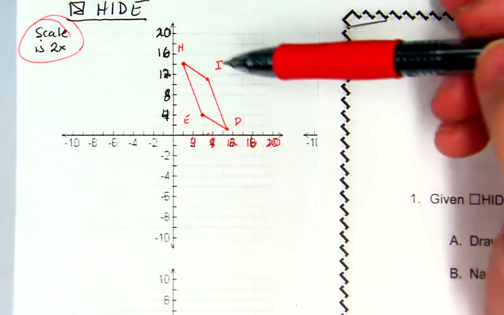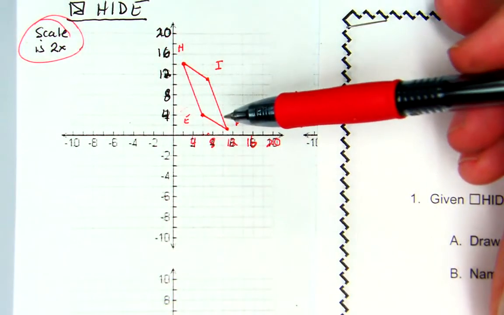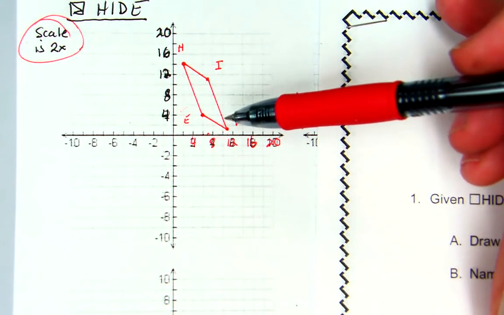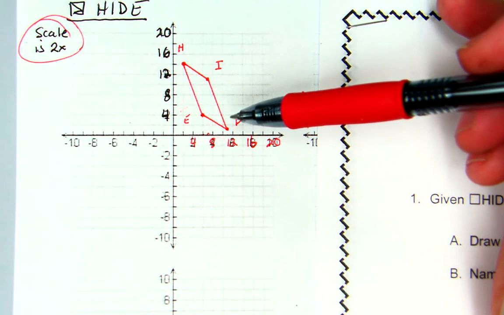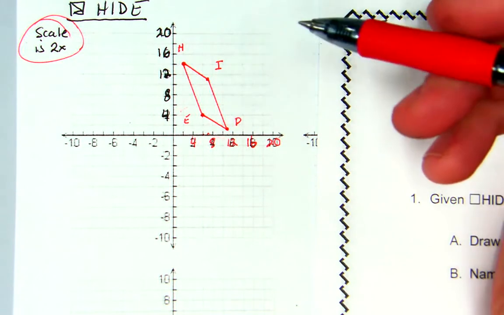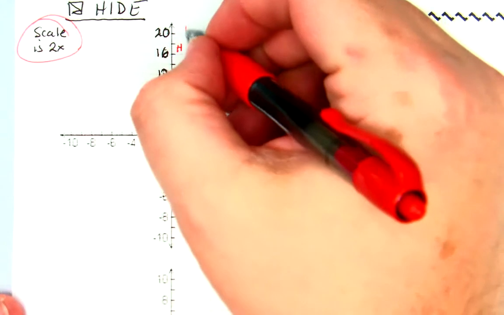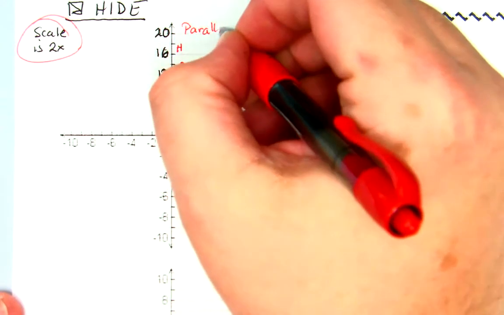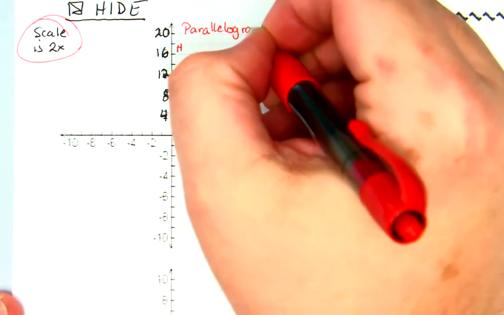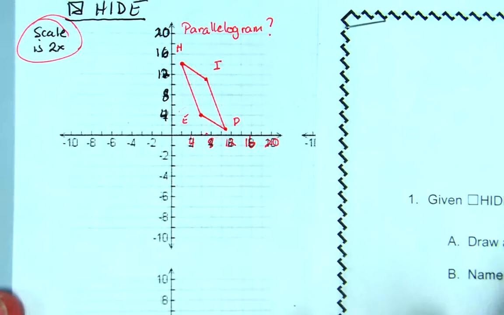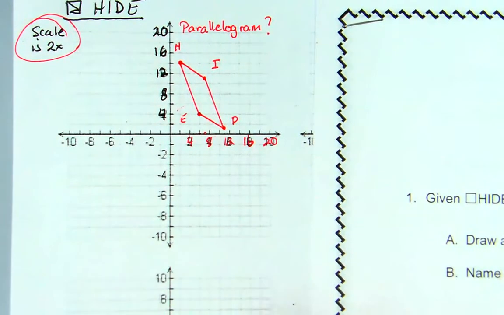Now, does this look like anything that you would want to put a name on it? Take a guess. Okay. It kind of looks like a parallelogram, right? And I'll put a question mark and say, well, it might be a parallelogram.